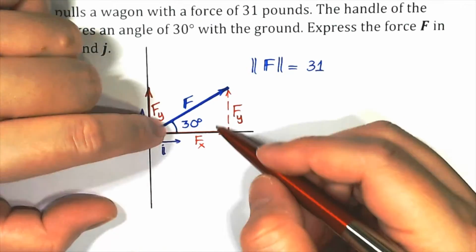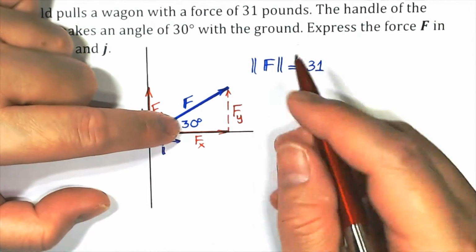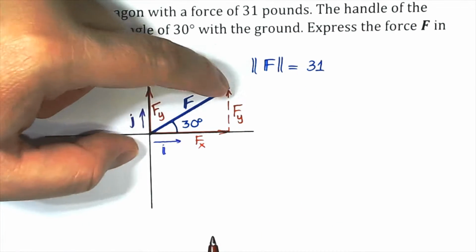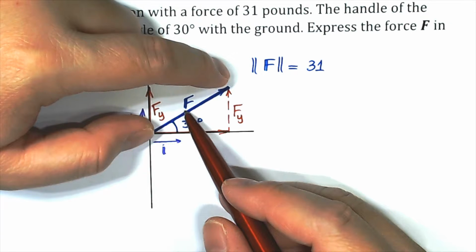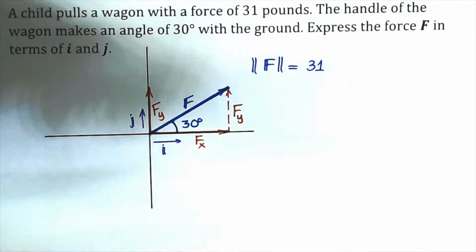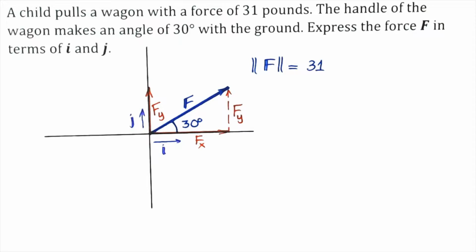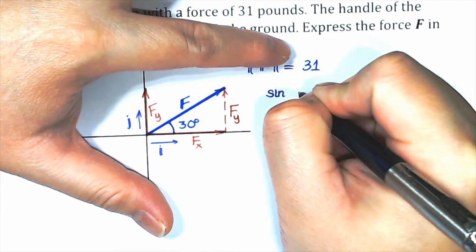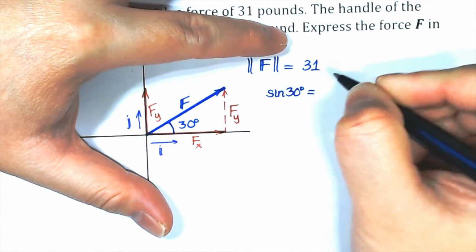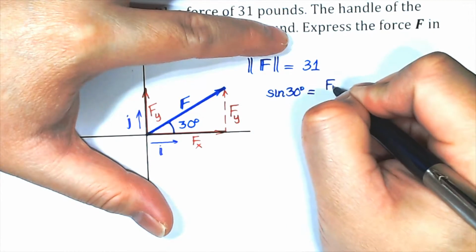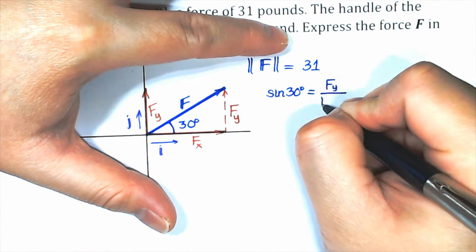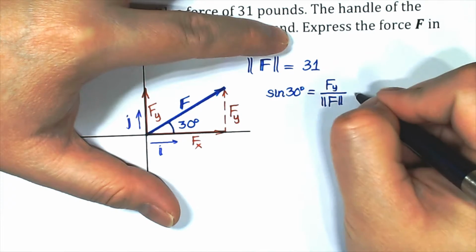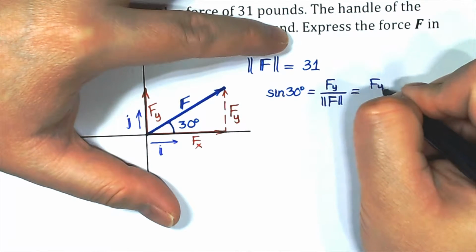We can write sine of 30 degrees is opposite over hypotenuse, but it's not going to be the vector f, it's going to be the magnitude of f. So we can write simply sine of 30 degrees equal to f of y, the opposite, over the hypotenuse, which is f of y over 30.